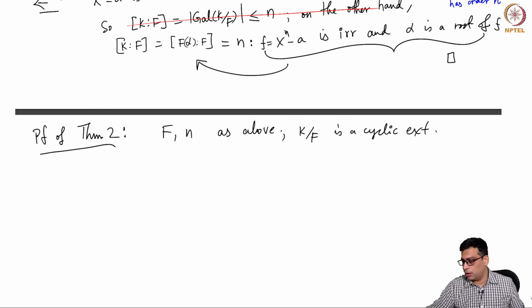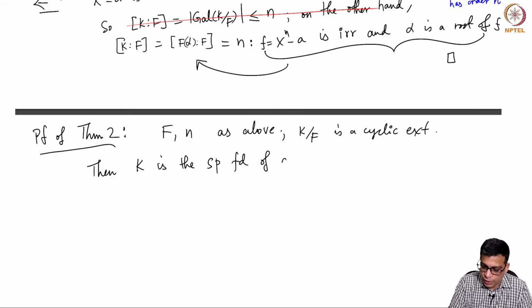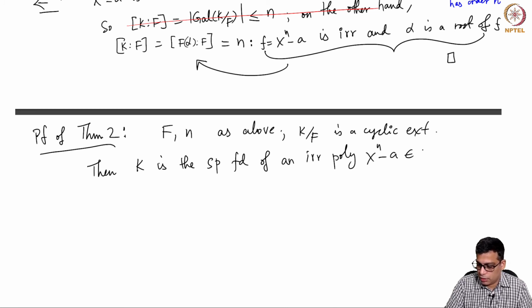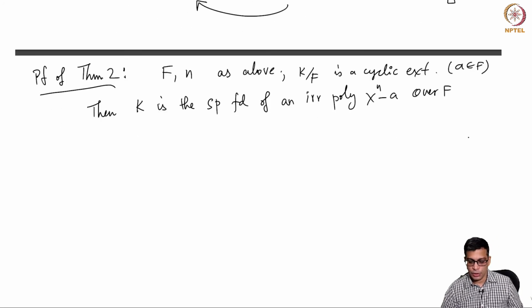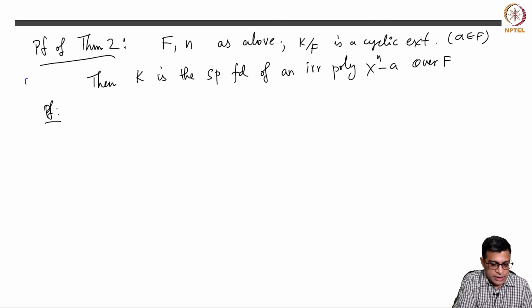So that is the hypothesis. Then the statement is K is the splitting field of an irreducible polynomial x power n minus a over F. So of course, a is in F. So this is the statement. This of course, as I said, is really saying that cyclic implies Kummer.